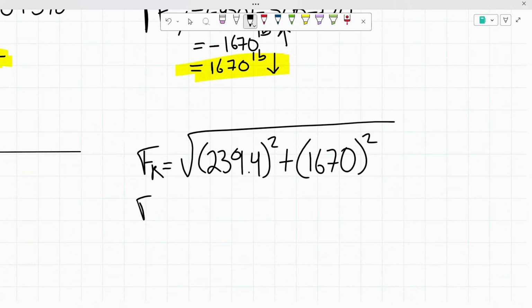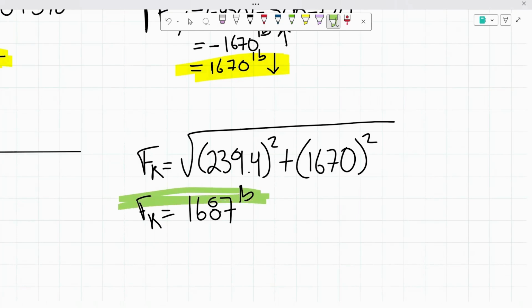And that should give you the magnitude of your resultant force, and that should equal 1,687 pounds.